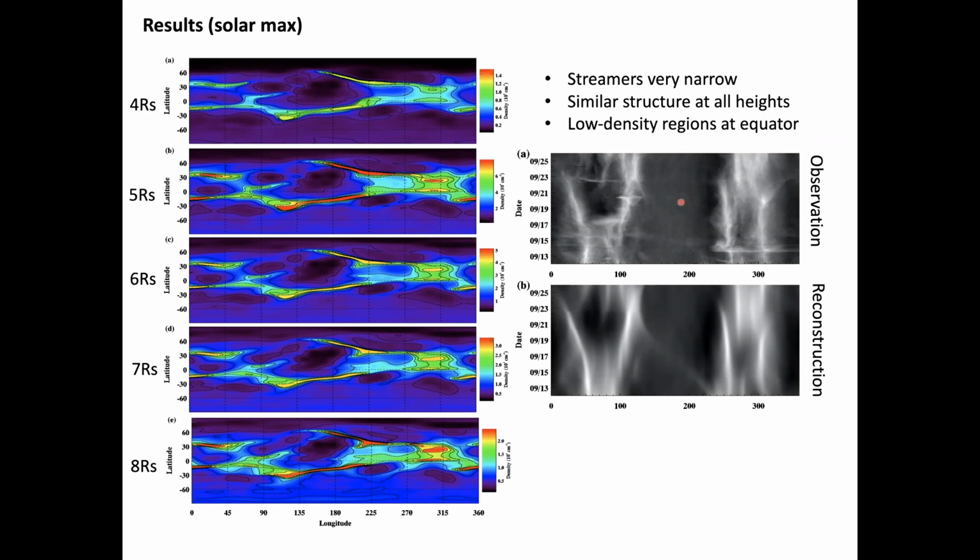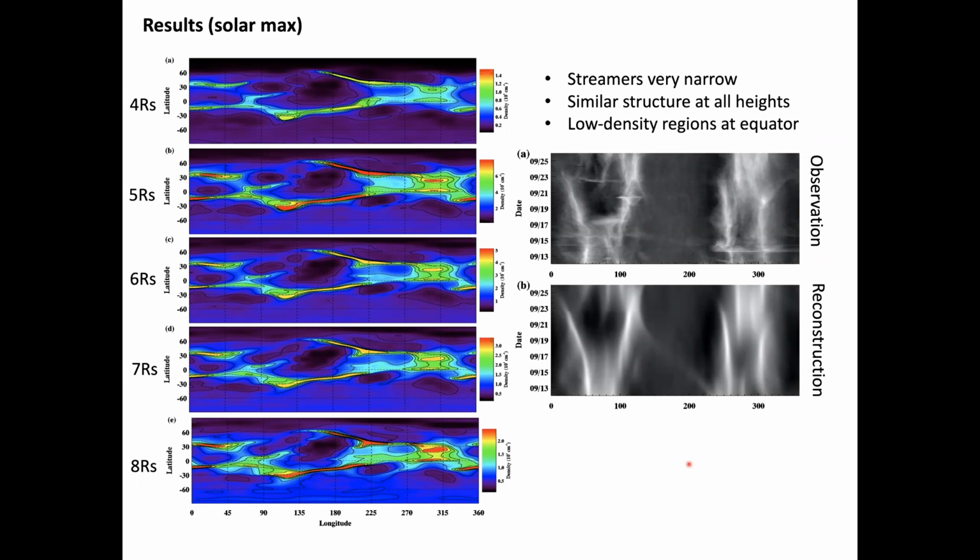And this right plot compares the sinogram of the observation, and also what we observe from this model density distribution.